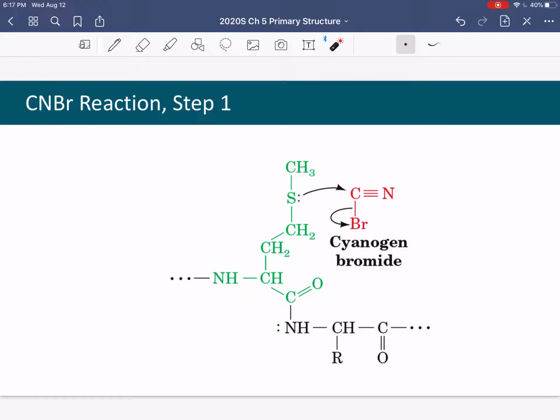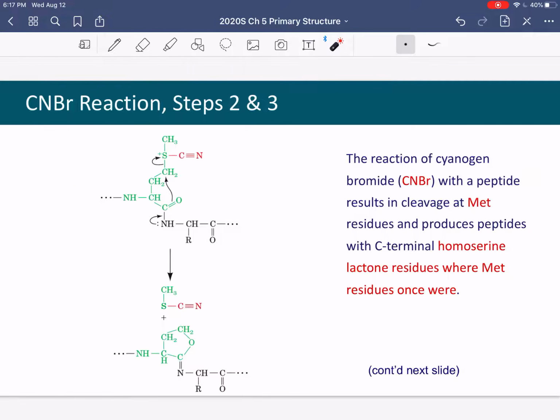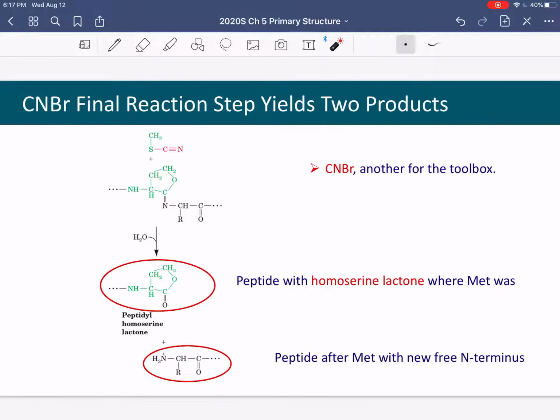This is the reaction here. The cyanogen bromide is shown in red. It's a nucleophilic attack with the bromide leaving group, and the product is shown here. There's another reaction, another nucleophilic attack. The several steps are shown in one here. Please don't memorize the reaction unless you want to. And then ultimately there's a hydrolysis reaction that gives you the peptidyl homoserine lactone for everything up to the methionine.